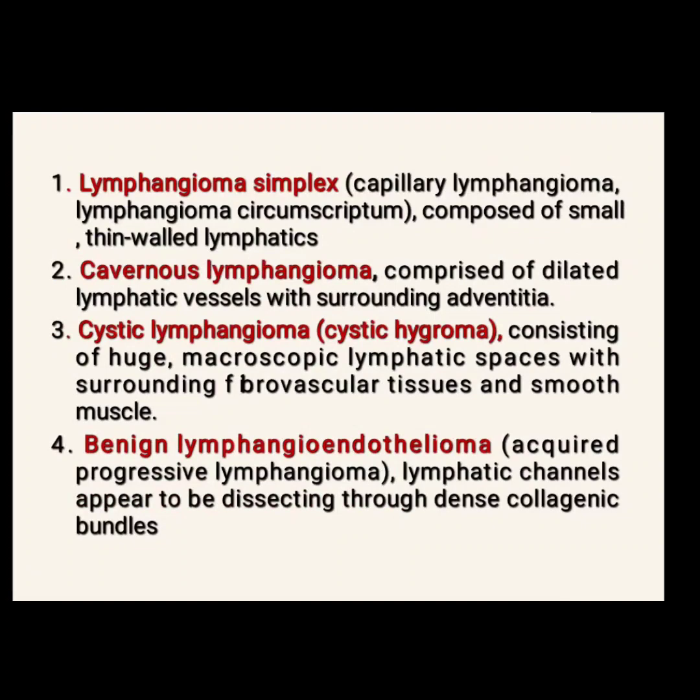So these are the four histopathological types of lymphangioma: lymphangioma simplex, cavernous lymphangioma, cystic hygroma, and benign lymphangioendothelioma. Out of all these, cavernous lymphangioma is present in the majority of cases.